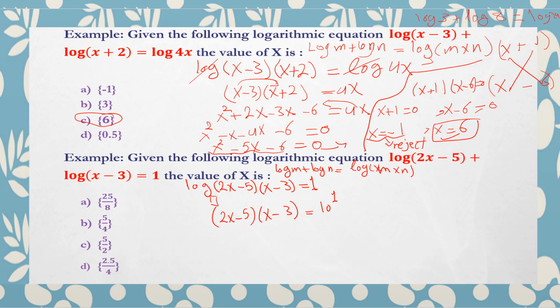By multiplying both brackets, we get 2x squared minus 6x minus 5x plus 15 equals 10. So 2x squared minus 11x, and by taking 10 to the other side with different sign, plus 5 equals 0.